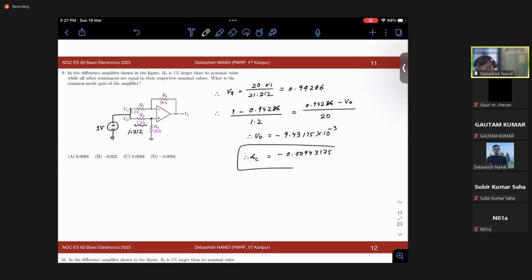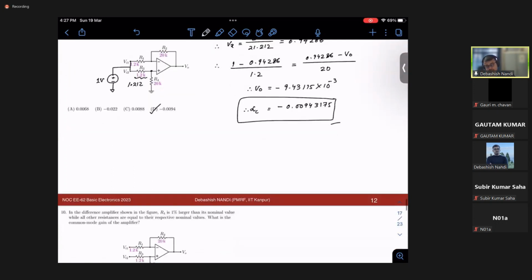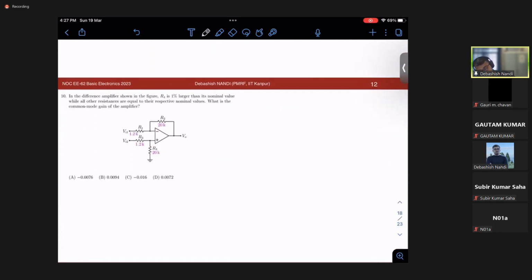Similarly, this I will not solve. This is for your R2. That means you take this as 20.2K. So a similar method you can solve. Find out Vx, then again assume virtual short, and then consider KCL on the upper loop, then the upper node, and then you can simply find it out.